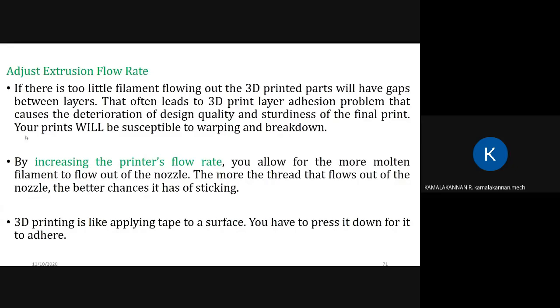By increasing the printer's flow rate, you allow more molten filament to flow out of the nozzle. The more thread that flows out of the nozzle, the better chance it has of sticking. More means a proper amount, not too much. Too much flow rate will lead to collapse. You have to avoid that.